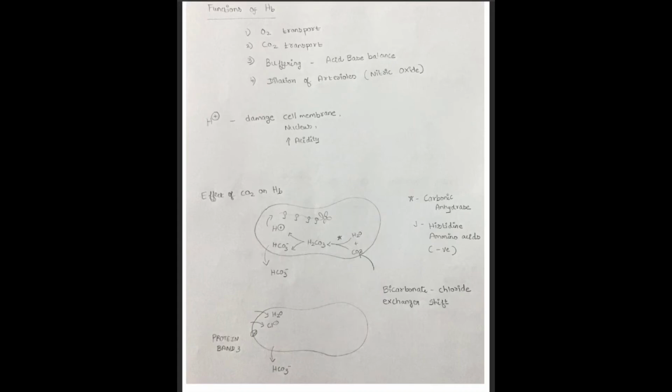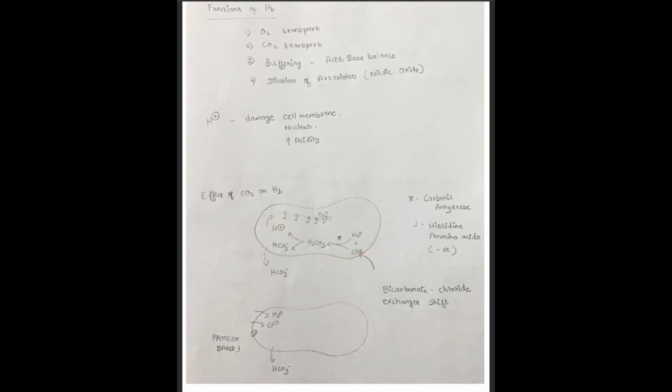carbamino compounds or plasma proteins, such as when carbon dioxide is transported from the tissue cells into the blood, the carbon dioxide in the membrane of the RBC, some carbon dioxide will combine with the hemoglobin to form carbamino hemoglobin.